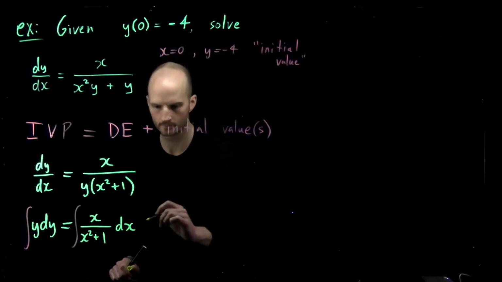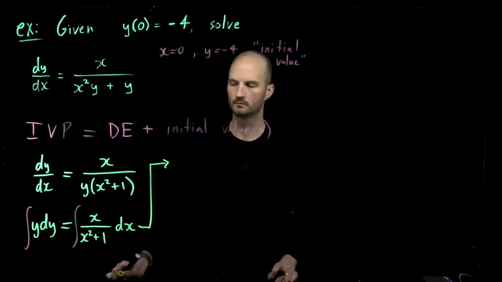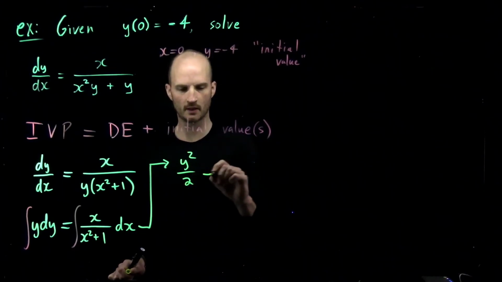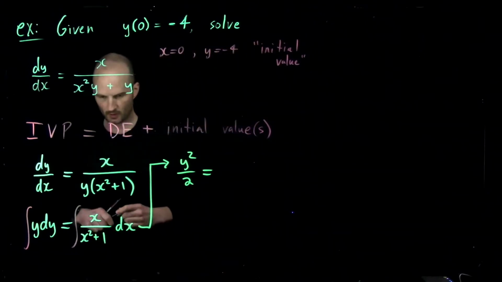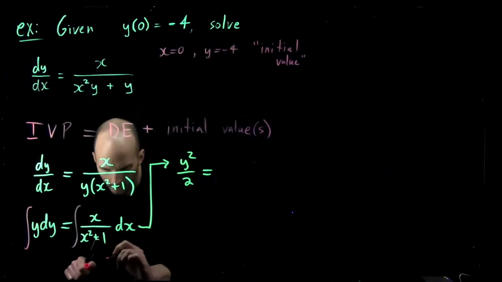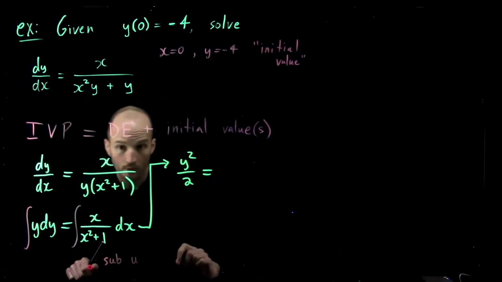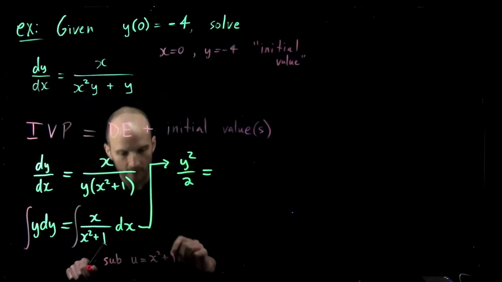What does that give? It gives y squared over 2 is equal to... Here, I'm not going to show my work. I would do substitution, u equals x squared plus 1.